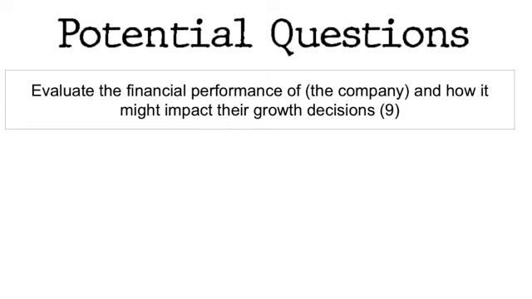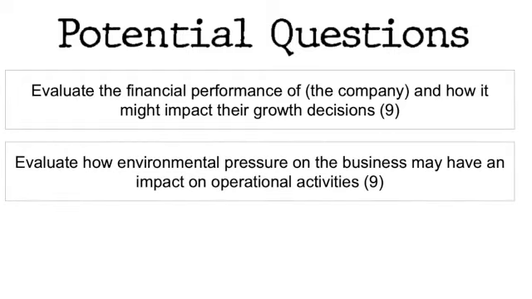So we've got: evaluate the financial performance of the company and how it might impact their growth decisions. The financial performance information you might get could be based on profitability or cash flow, anything, for example, from Unit 5. Then we've got: evaluate how environmental pressure on the business may have an impact on operational activities. I've left some of these questions quite vague and open.